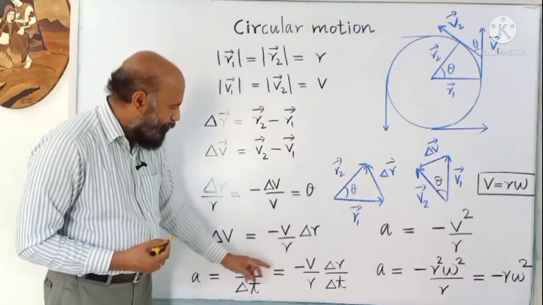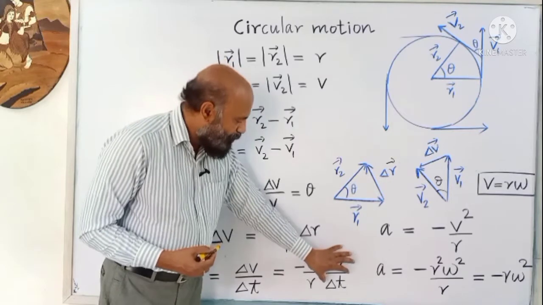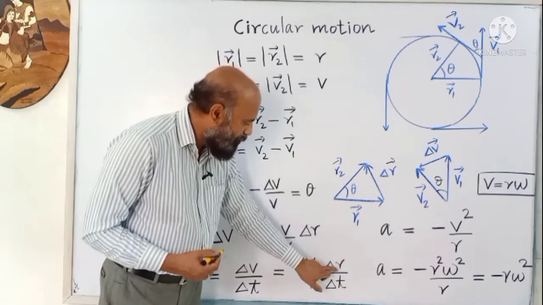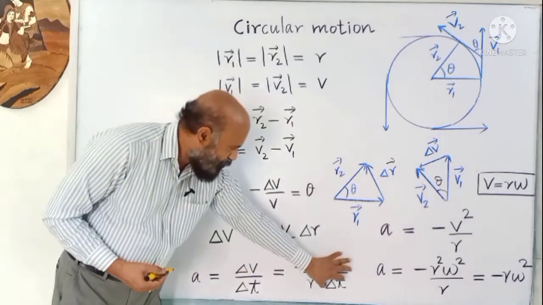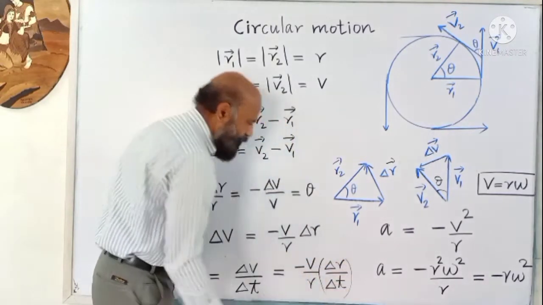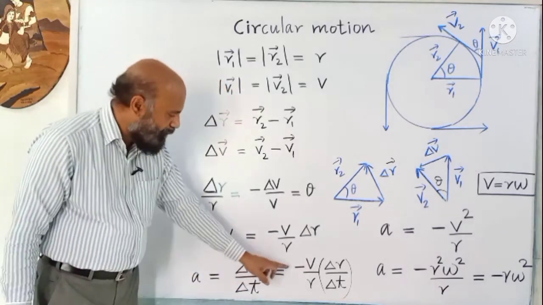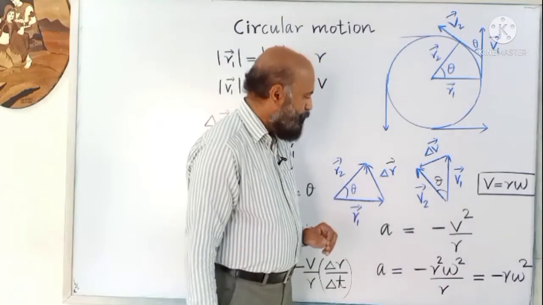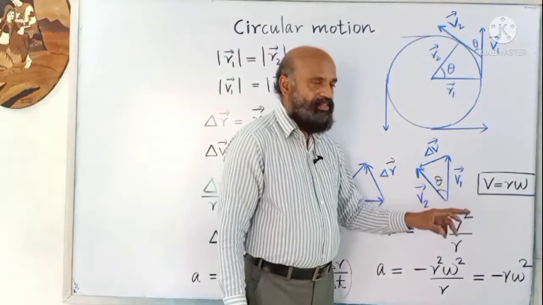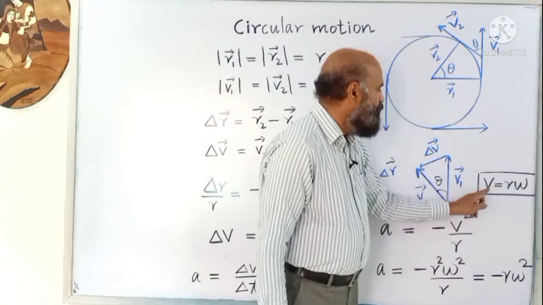Now delta R by delta T, that is the rate of change of displacement, that is velocity. Again this V, so V square by R. So centripetal acceleration is equal to minus V square by R. Then there is a relation connecting angular velocity and linear velocity.